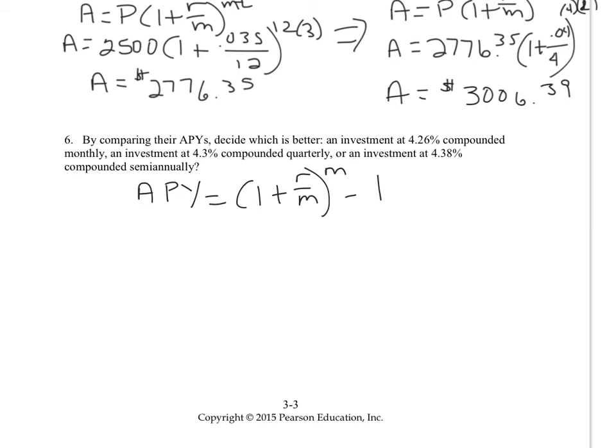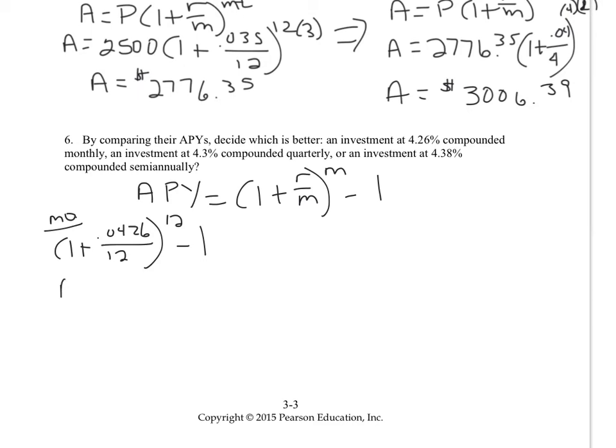So if we take the first option, the 4.26% compounded monthly, okay? So if it's compounded monthly, we're going to have 1 plus 0.0426 divided by, monthly is 12, raised to the 12th power, and then we'll subtract 1 from that. So again, putting this in my calculator, take your fraction, 0.0426 divided by 12, add 1 to it, then raise it to the 12th power.